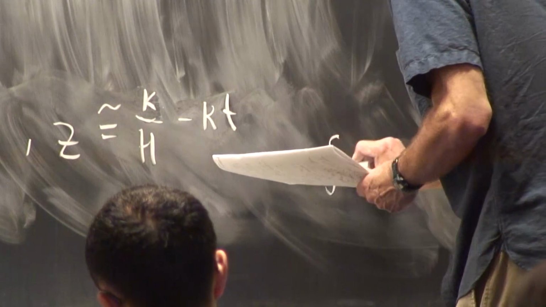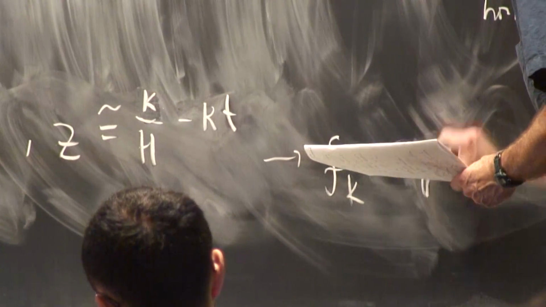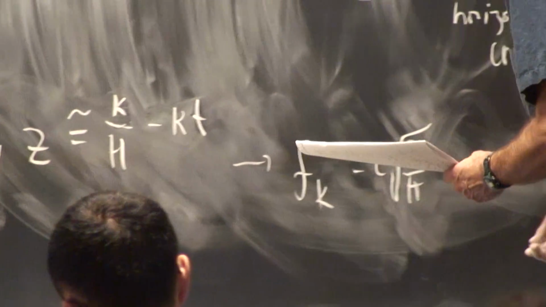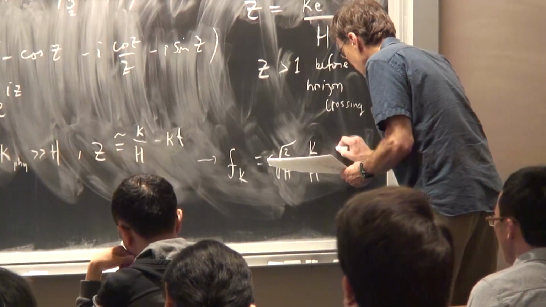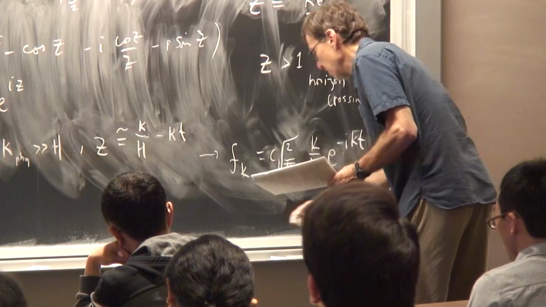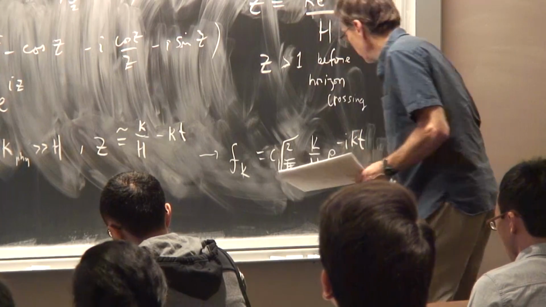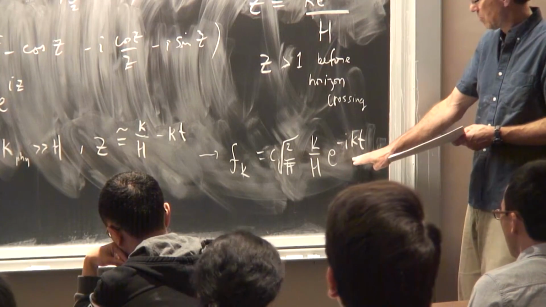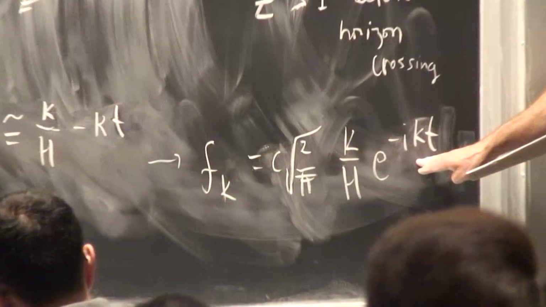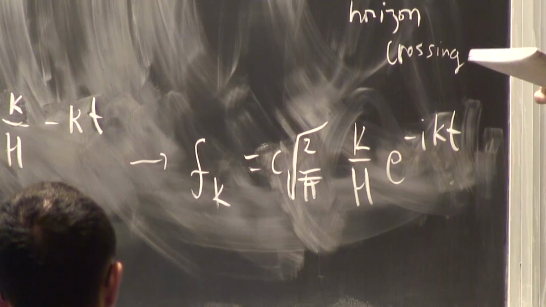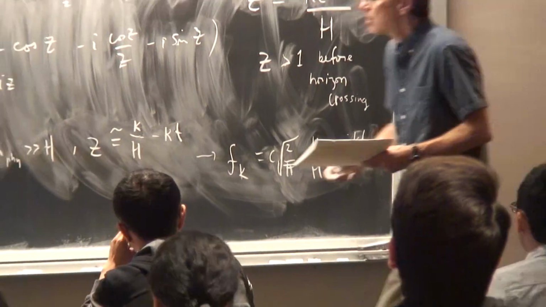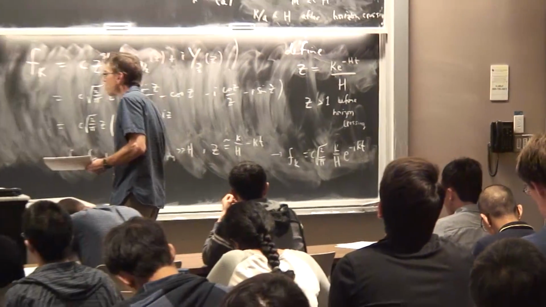And then you see that f_k is equal to C square root of 2 over pi, k over H, e to the minus i kt. So there's our usual linear dependence on time, and the exponent like we would expect for a free particle in Minkowski space.